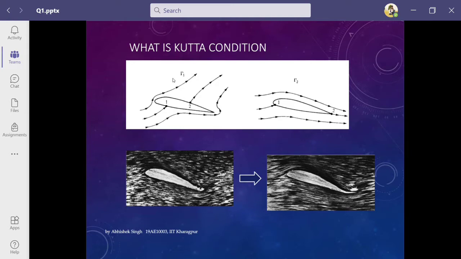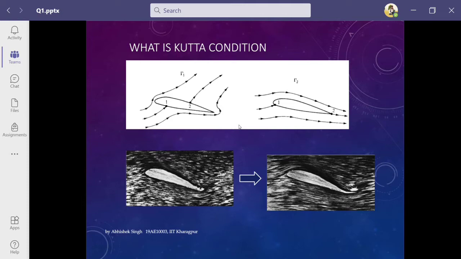Here, lambda 1 and lambda 2 denote the value of circulation. Similarly, as we choose any other value of capital lambda, we get a different type of flow around the airfoil. So there are infinite possibilities of flow around an airfoil at a given angle of attack.